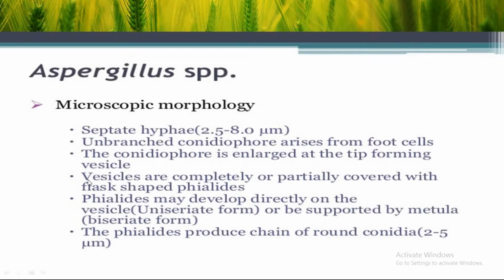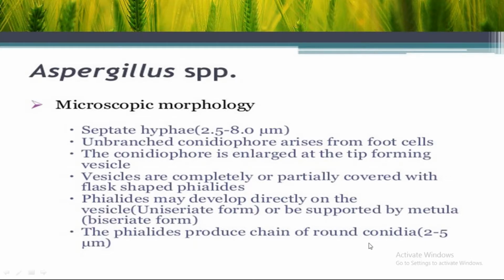And then the vesicles are completely or partially covered with flask-shaped phialides. The phialides may develop directly on the vesicle, that is the unicellular form, or a bicellular form. If the metulae are there, that will be the bicellular form. And then the phialides, we have seen the metulae, you might remember in the picture. So phialides and metulae can be there.